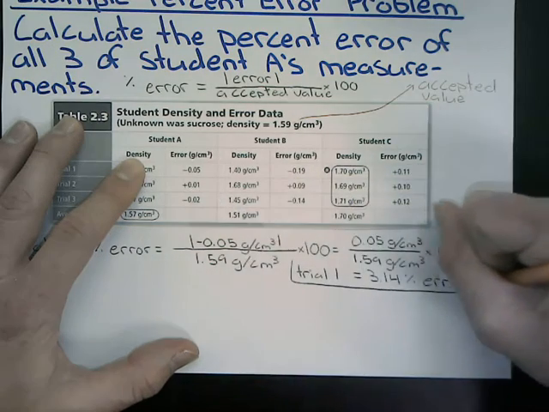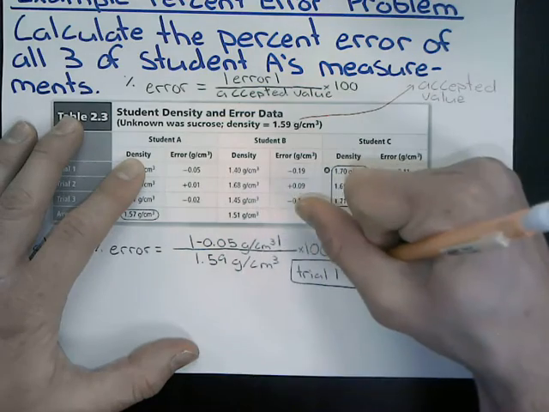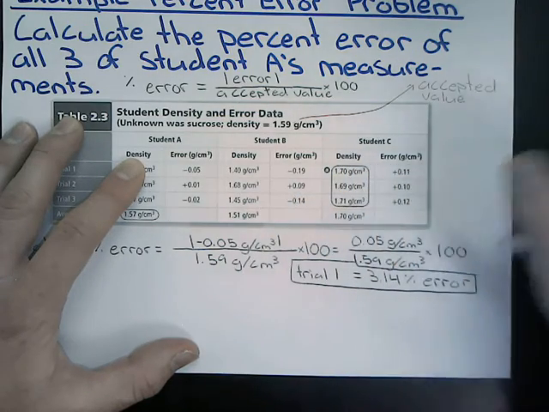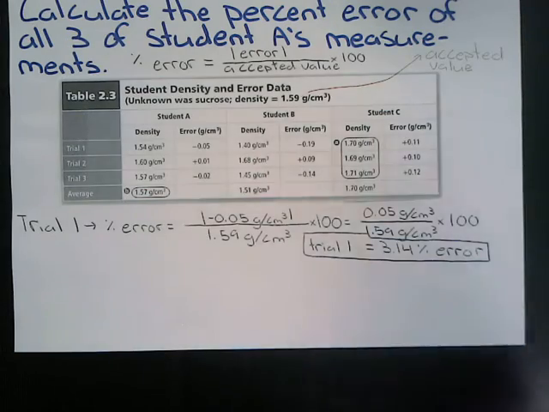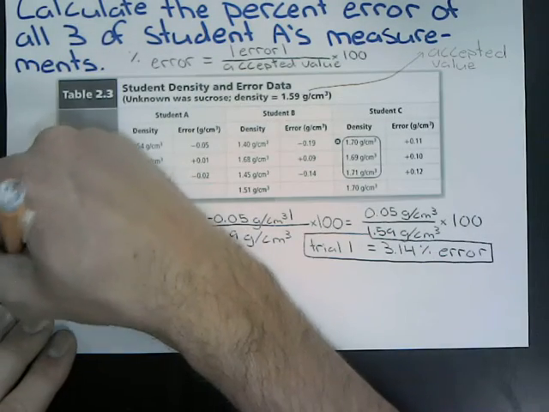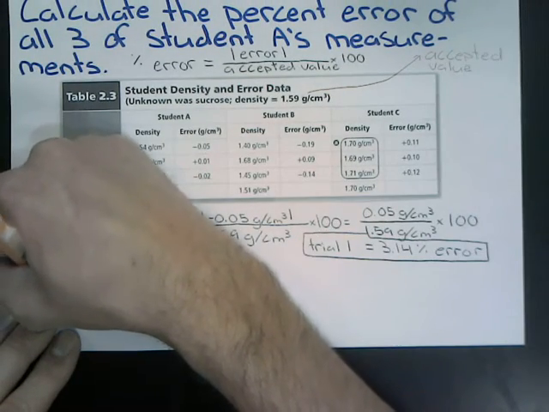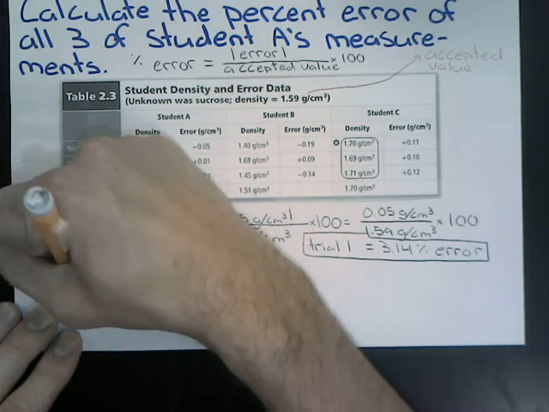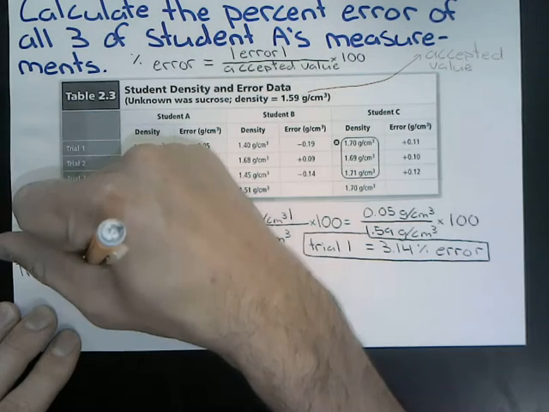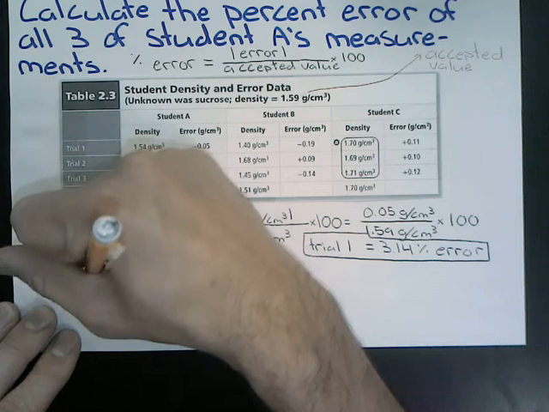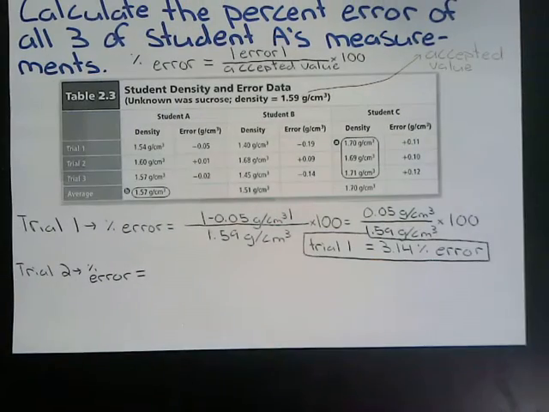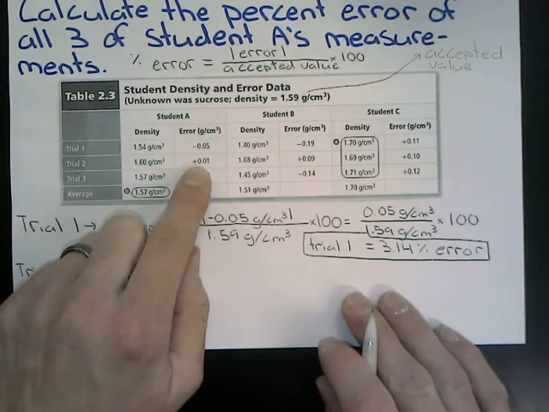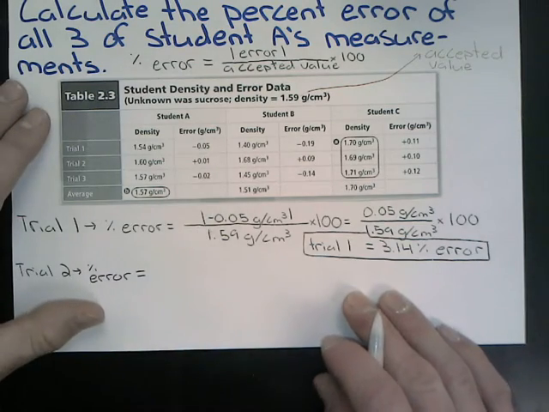Okay? So we're going to use the same type of concept, the same operations, to find our percent error in trial 2 and 3. So we start out here with trial 2. The percent error, and I'm going to save some space here, is equal to the error, which is given as 0.01.